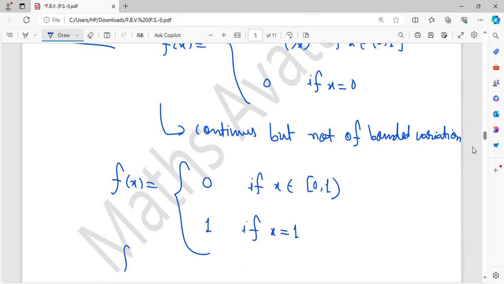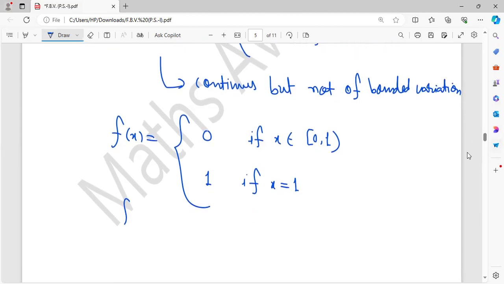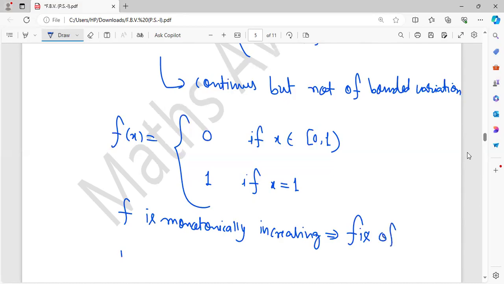This function f is monotonically increasing. Every monotonically increasing or decreasing function is a function of bounded variation, so f is of bounded variation.